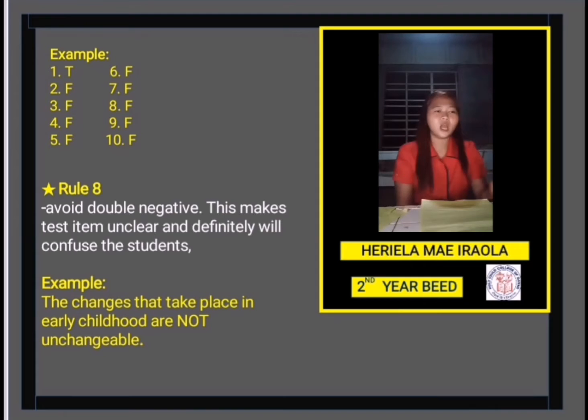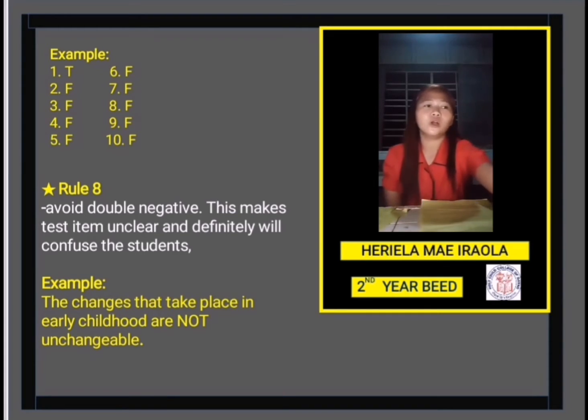Rule number 8, avoid double negatives. This makes test items unclear and definitely will confuse the students. So those are the rules and the guidelines for constructing alternate response test.